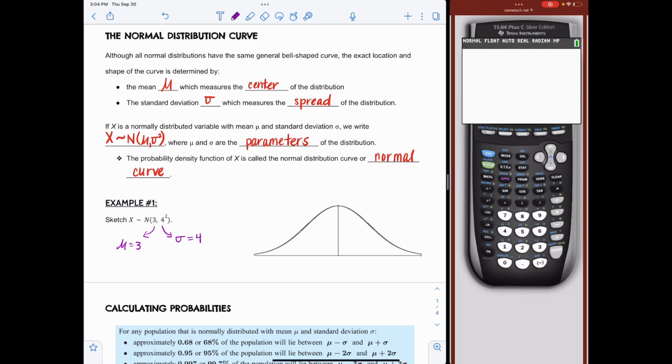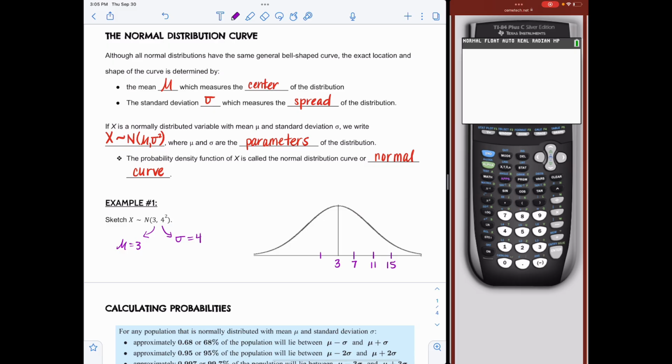So normally we write our mean in the center. So we're going to write 3 here. And then we go up and below by 4. So we're going to have 3, then we're going to have 7, then we're going to have 11, then we have 15.